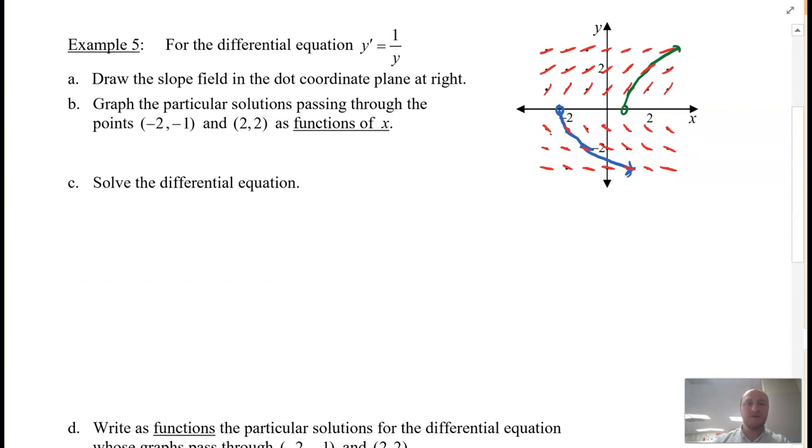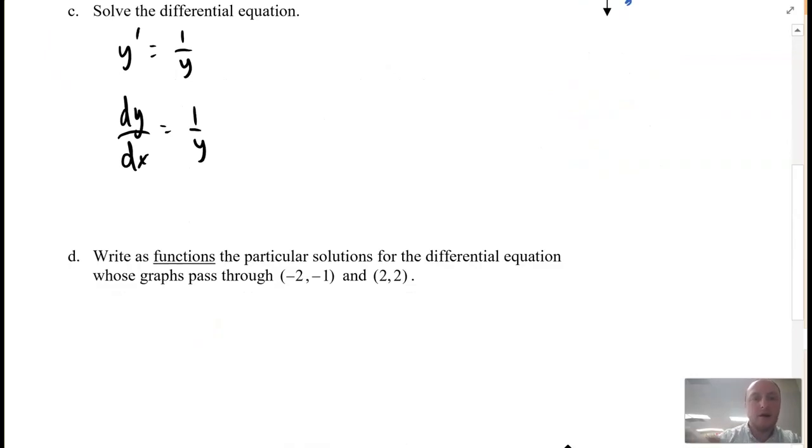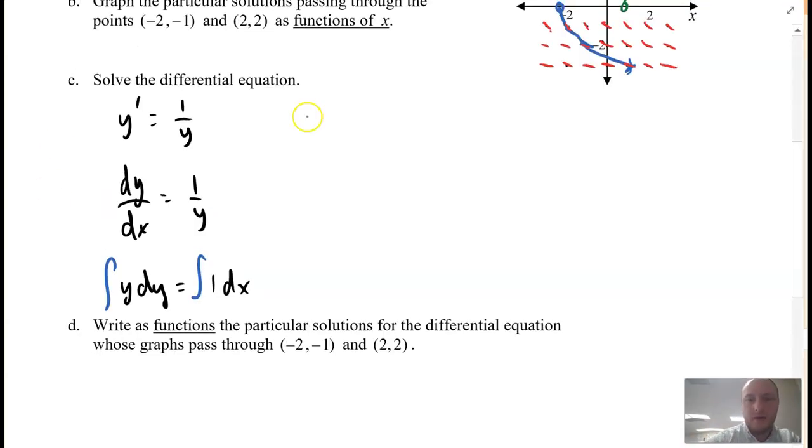All right, then part C, solve the differential equation. My differential equation is y prime is equal to 1 over y, which we know is dy/dx is equal to 1 over y. We'll multiply both sides by y, so we get y dy is equal to 1 dx. We can integrate, and we will get 1/2 y squared is equal to x plus c.